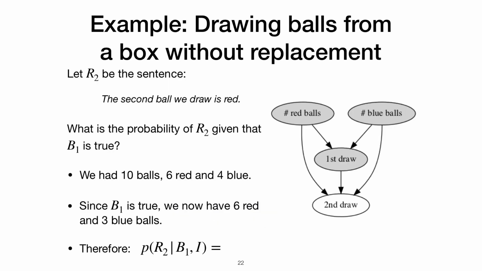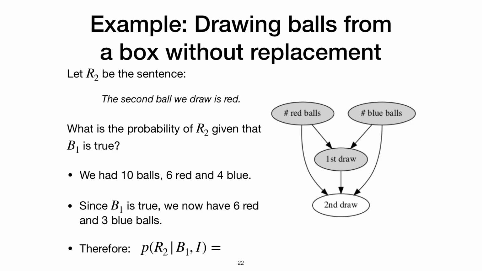Now let's apply Bayes' rule to our box example. Let R2 be the sentence the second ball we draw is red, and we want to find the probability of R2 being true given that B1 is true. So the probability that we draw a red ball on the second draw, given that the ball we drew in the first draw was blue. So we had 10 balls, 6 red and 4 blue.